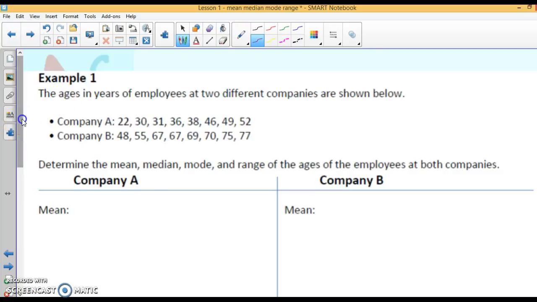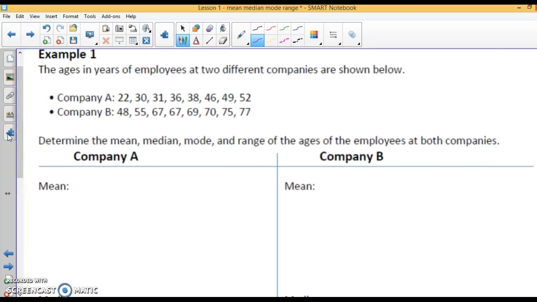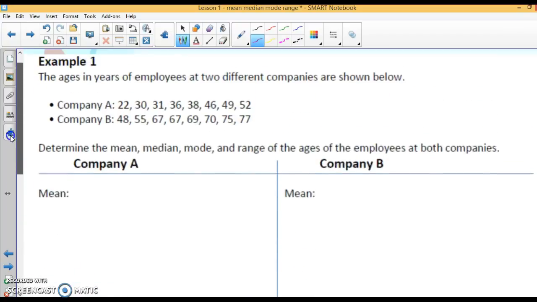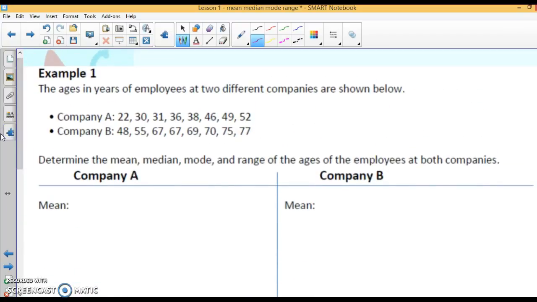All right. The ages in years of employees at two different companies is shown below. Let's find the mean, median, mode, and range. So, for company A, what I expect you guys to show as far as work, to find the mean, you add them all together. Now, do I expect you to write all of those out?